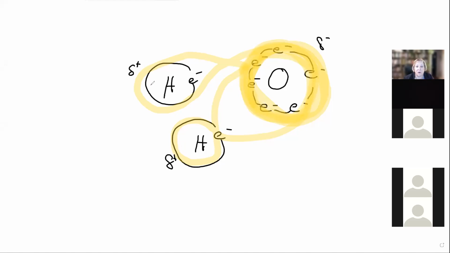But hydrogen is going to get a slight positive charge. And I use this lowercase delta, which is kind of a funky Greek letter, to show that it's a partial charge. So what is H2O? If I were to draw this, I can draw this 2 different ways. Here's another way to write it.